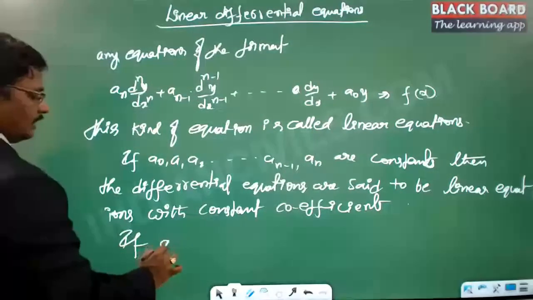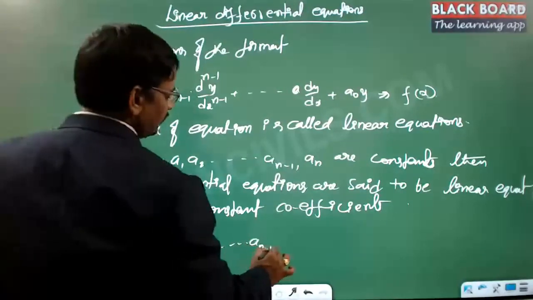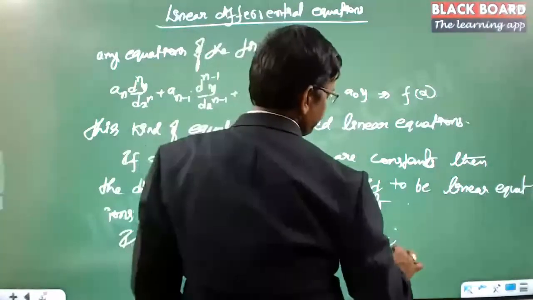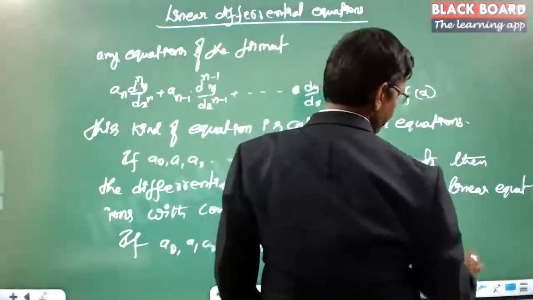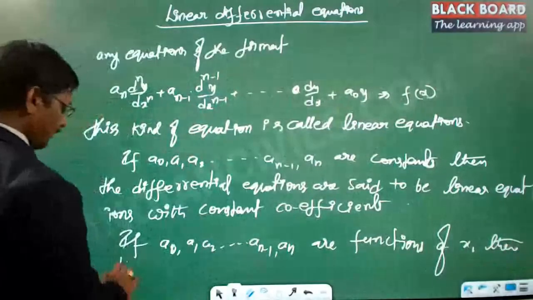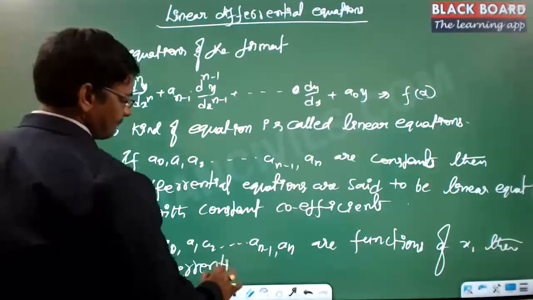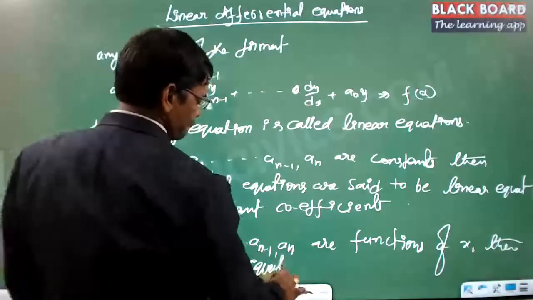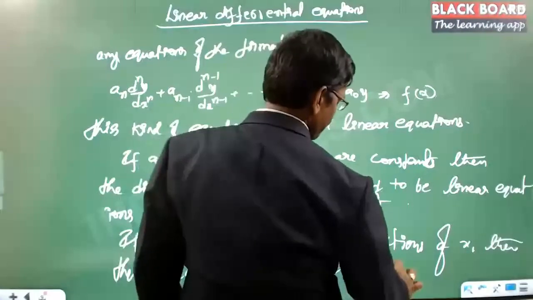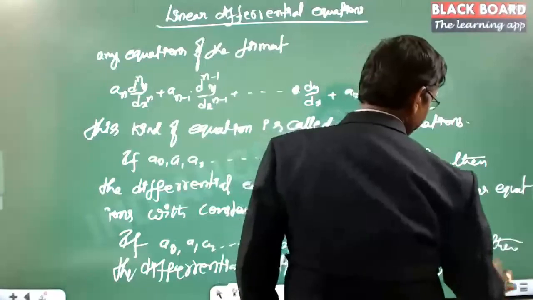If a naught, a1, a2 dash dash dash an minus 1, an are functions of x, then the differential equations are said to be linear equations of variable coefficients.